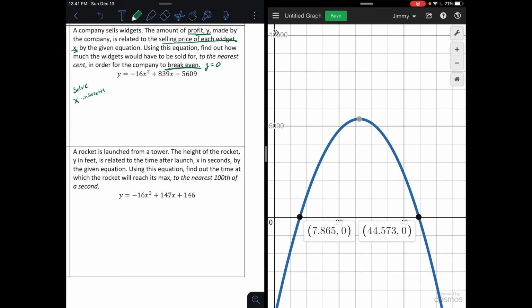It said round to the nearest cent, so that's the second decimal place. So $7.87, or we could also sell them and break even for $44.57. There are two options where we would make no profit.